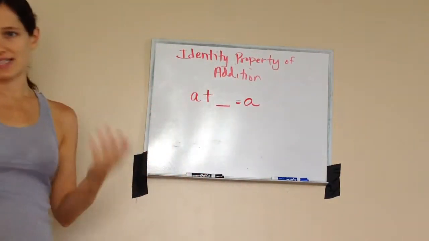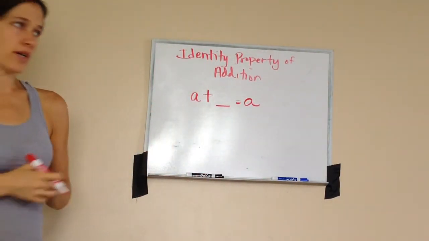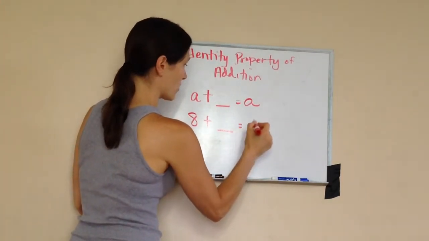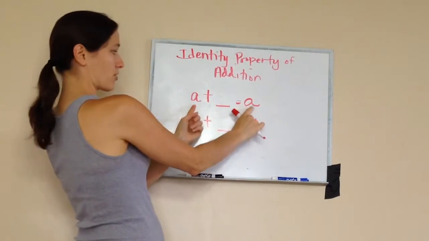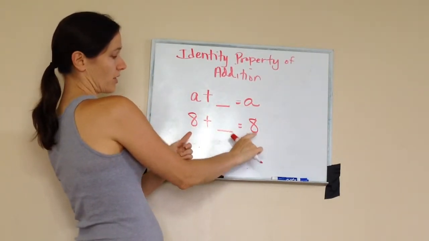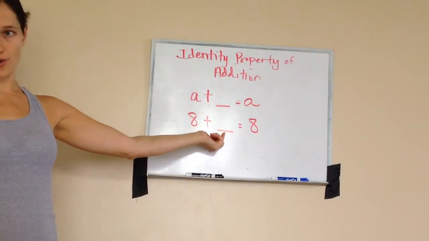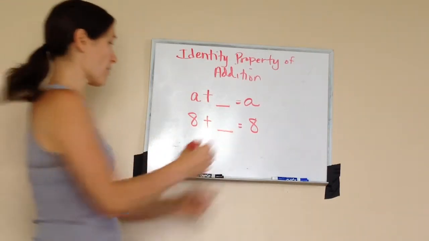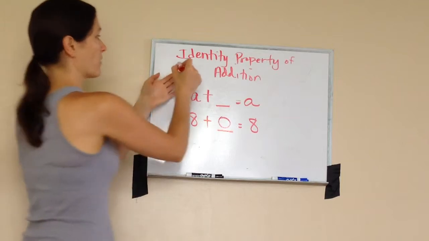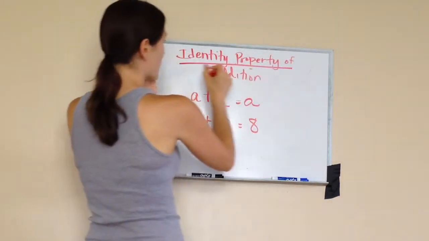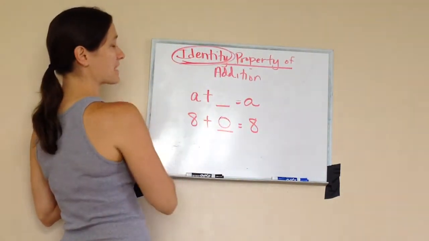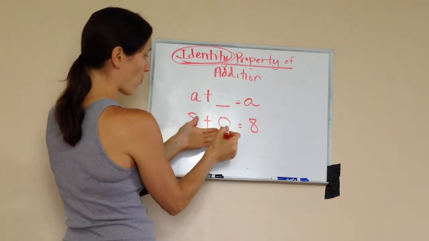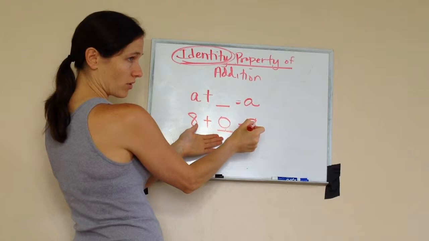So let's say A was 8. 8 plus what is going to equal 8, because my A's are going to stay as numbers? What would always go here for 8 to keep its same identity? 0. Whenever I'm working with the identity property, in order for something to keep its identity, 8 is my number that I want to keep, 8 plus what equals 8 still?